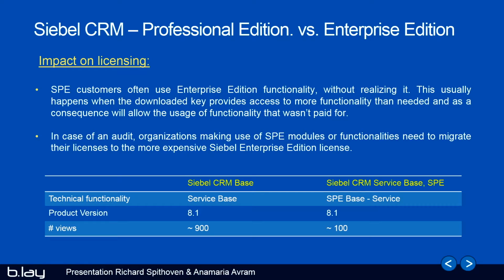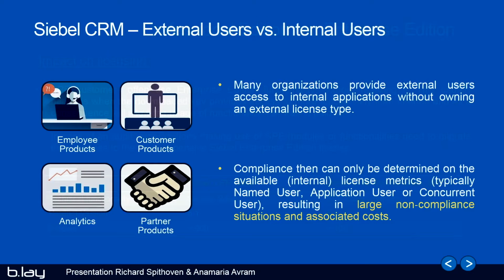Another very common license compliance issue seen is related to the type of users. As I said at the beginning of the presentation, Siebel products are employee products, customer products, and partner products. And of course, there also can be analytics products.